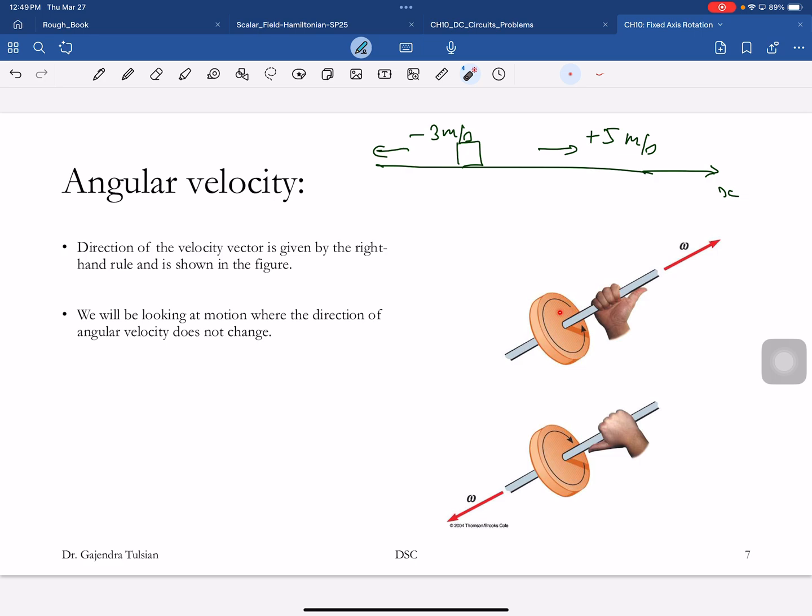Just like that, for this object, there are only two directions. The velocity points in this direction or that direction. If you're looking at it from this direction, a counterclockwise rotation is taken to be positive and a clockwise rotation is taken to be negative. Just a convention. Anyway, you use your right hand to get the direction of the velocity.